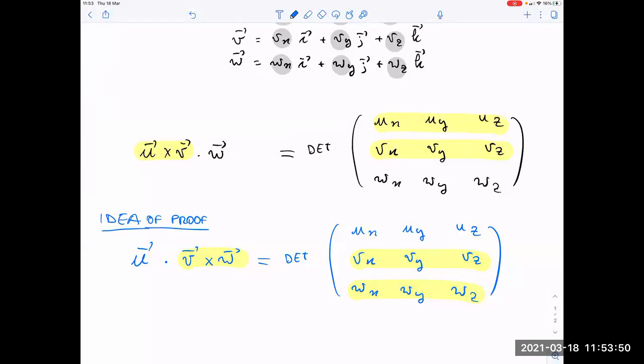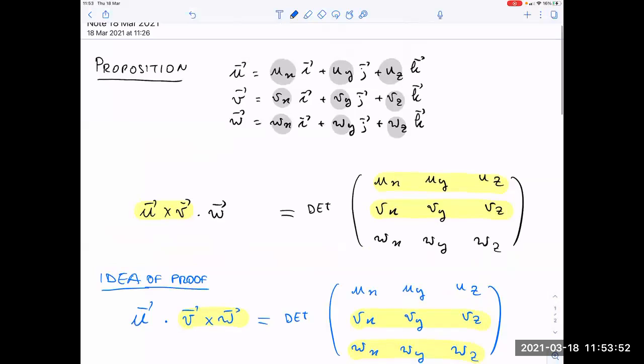Someone asks, is it easier to compute the cross product first? It is exactly the same amount of operations. Sayed Mustafa Sayedi, if you think about it, computing the cross product is computing the three 2 by 2 determinants, and then you have to compute the dot product.